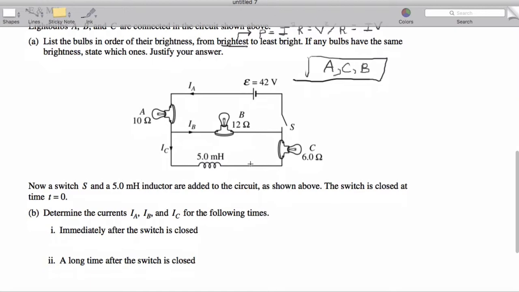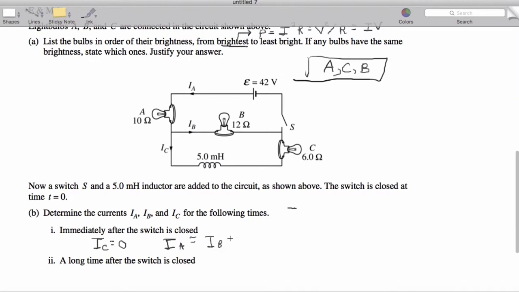Let's get some currents. Since at time equals 0, the inductor from the perspective of the circuit acts like a break, we know that IC is going to be 0. And then what that means is that IA equals IB.